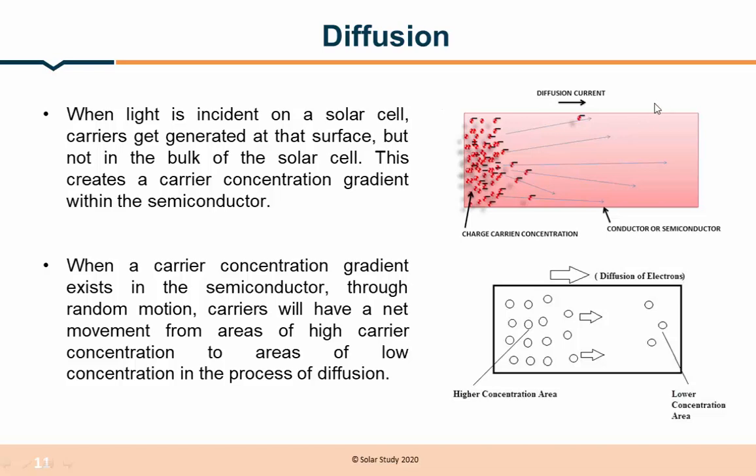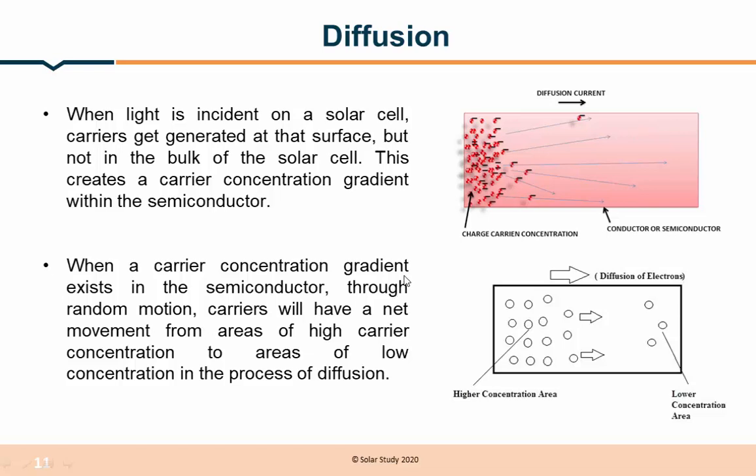When light is incident on the solar cell, it contains some concentration of electrons. When it is incident, the carrier concentration will move in some direction. In this direction, there are a lot of electrons present. When light is incident, the current starts moving in one direction. This is called diffusion.